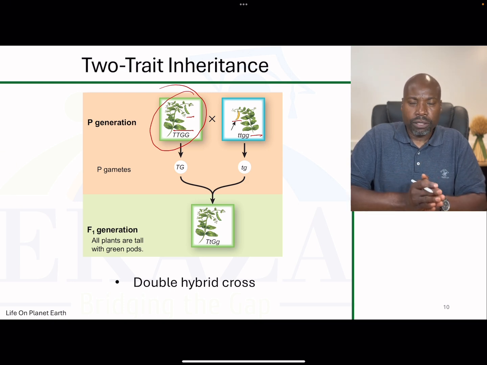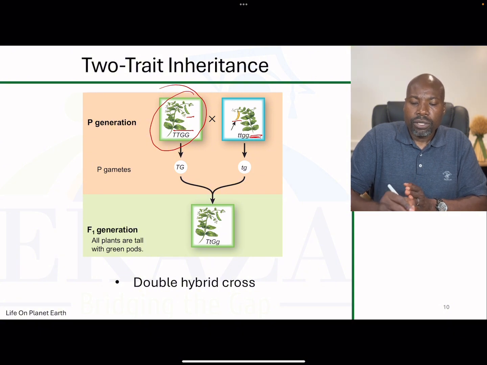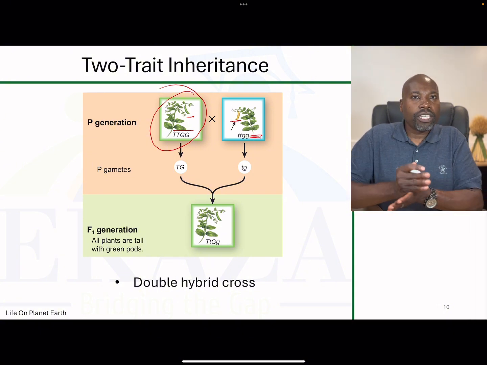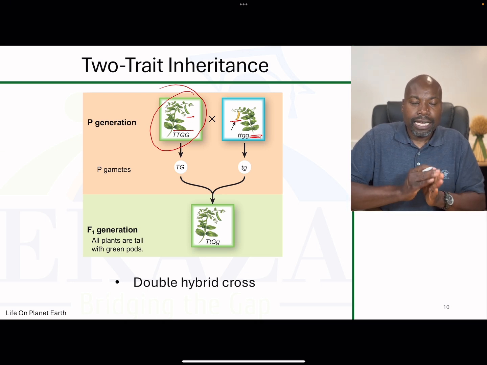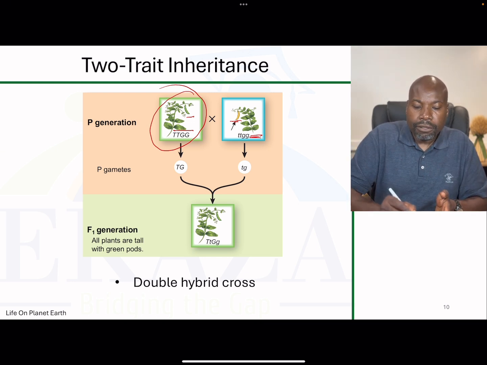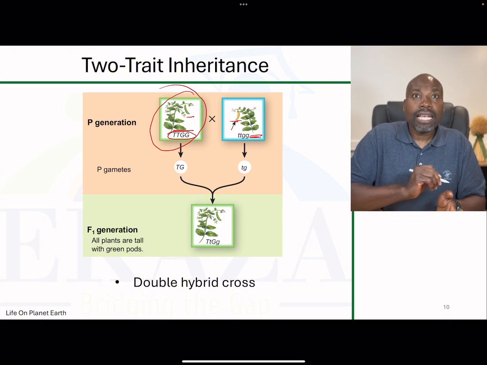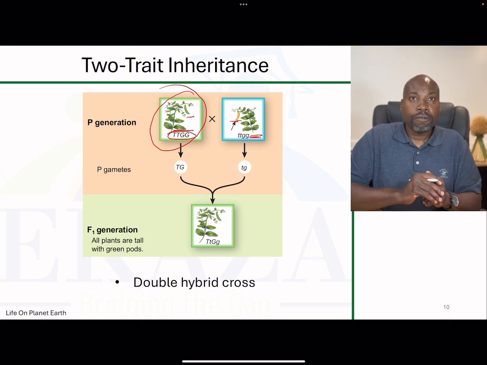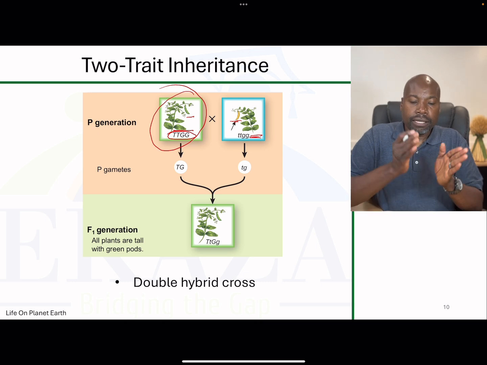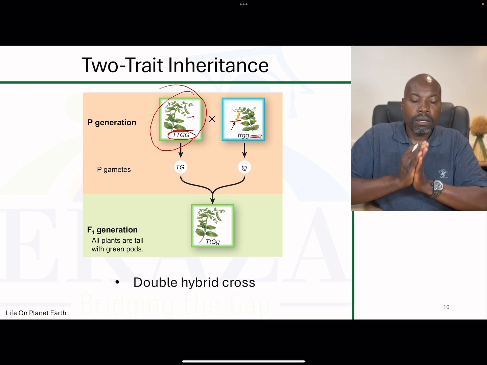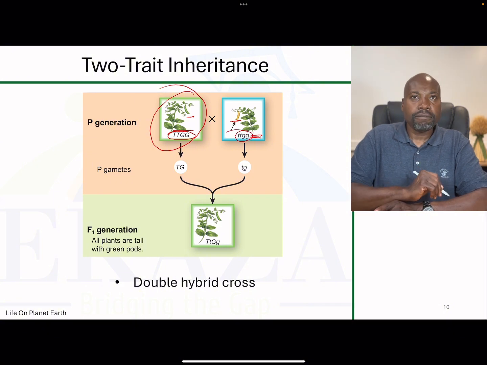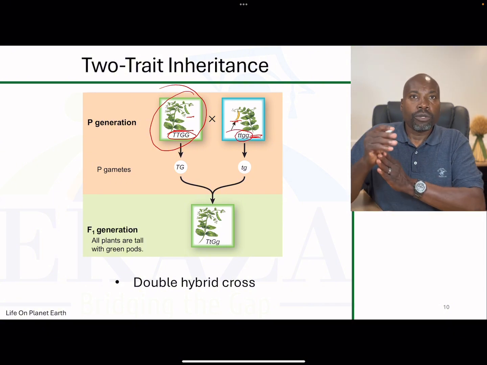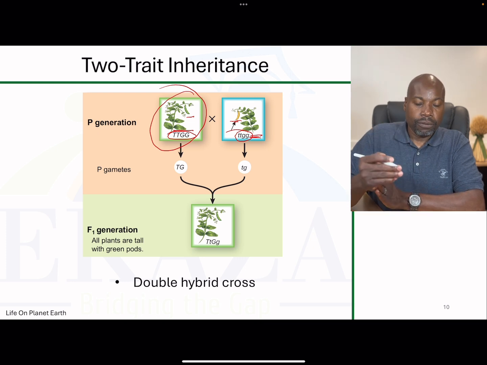By the same token, the other parent would be short stems with yellow pods generation after generation after generation, right? From that perspective, he knows that you have homozygous dominant for the trait in the green and tall parent and homozygous recessive for short and yellow, right?